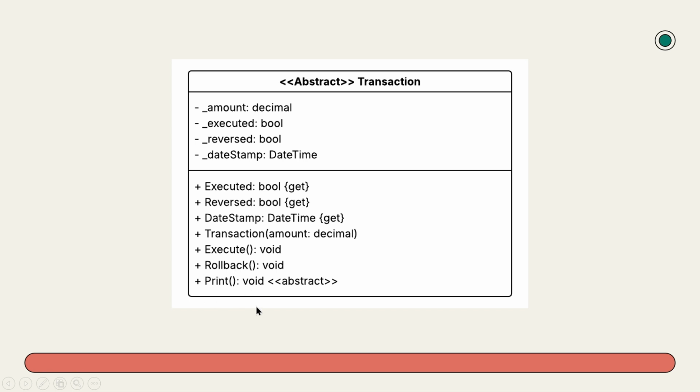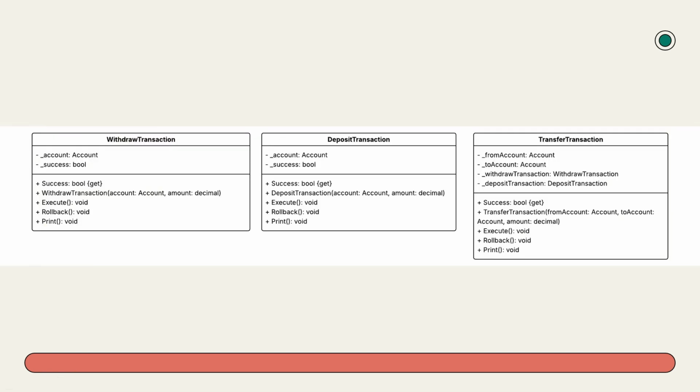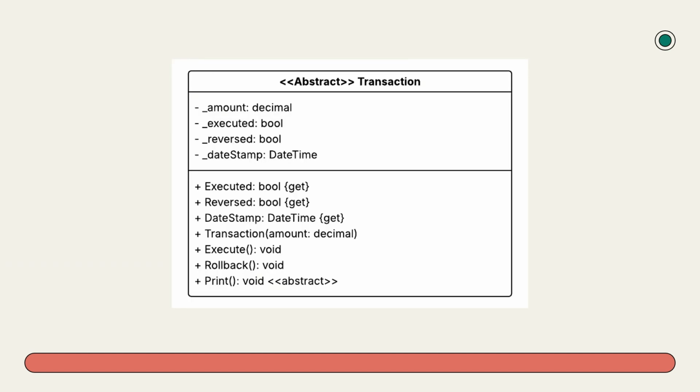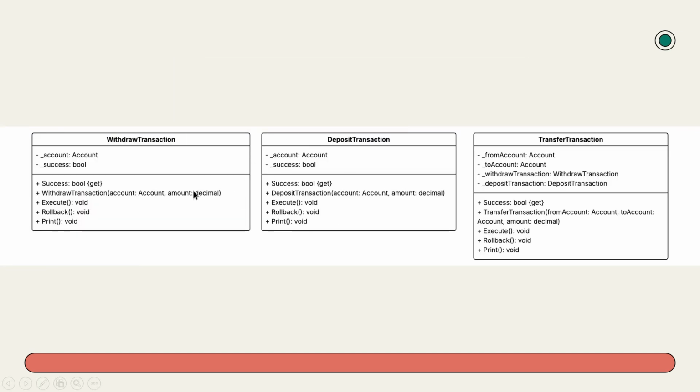Next, we have the withdraw transaction, deposit transaction, and transfer transaction classes, which are inherited from the transaction class. If I talk about the withdraw transaction, it customizes the methods to perform the withdrawal and reverse it back if needed.